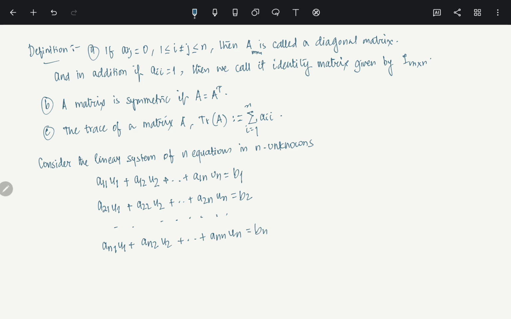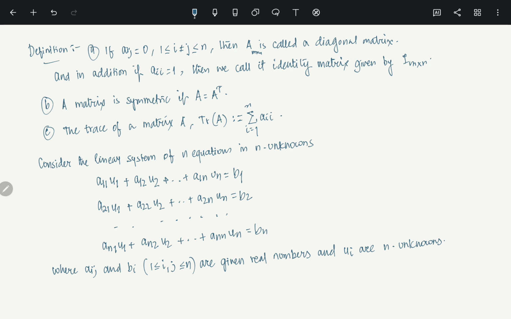Let's just write it like this, where the a_ij and b_i, for 1 less than or equal to i, j less than or equal to n, are given real numbers, and the u_i's are n unknowns.